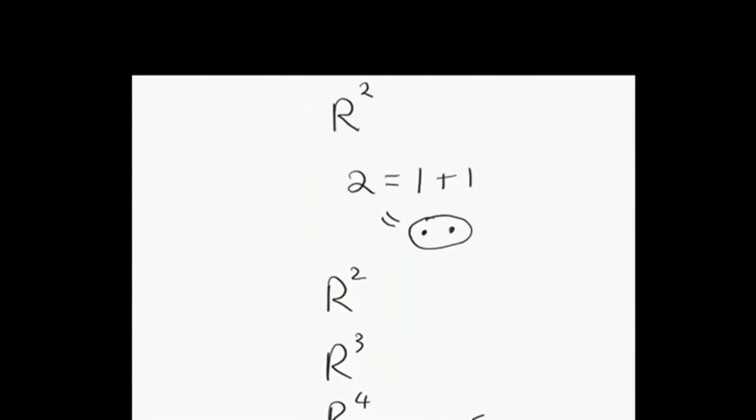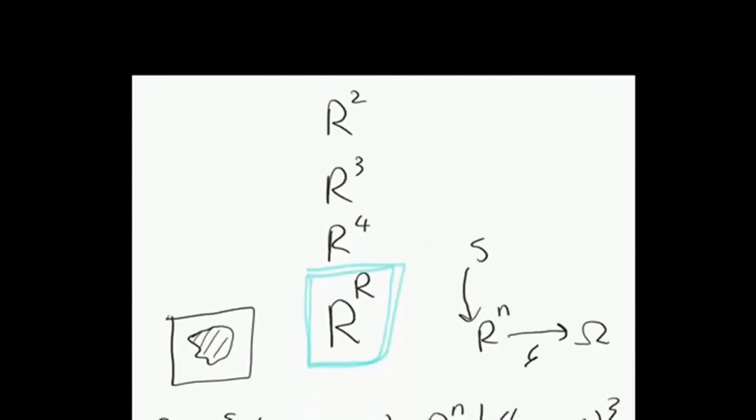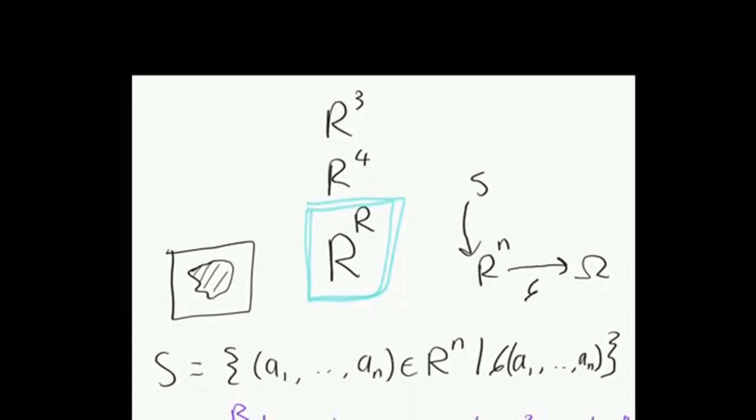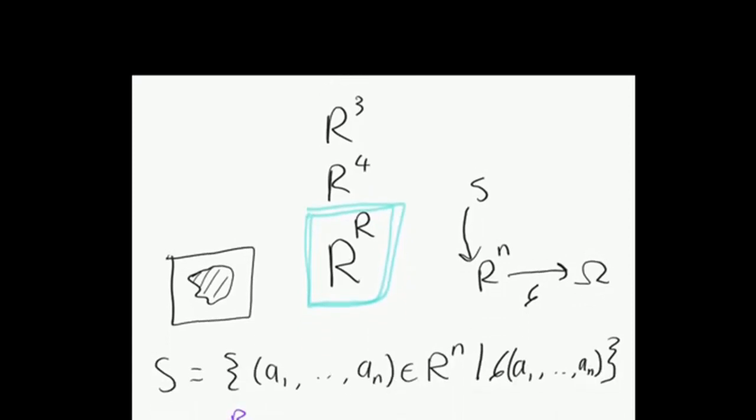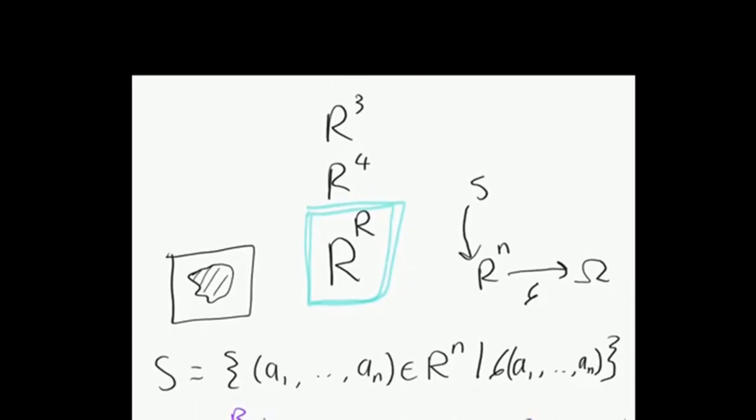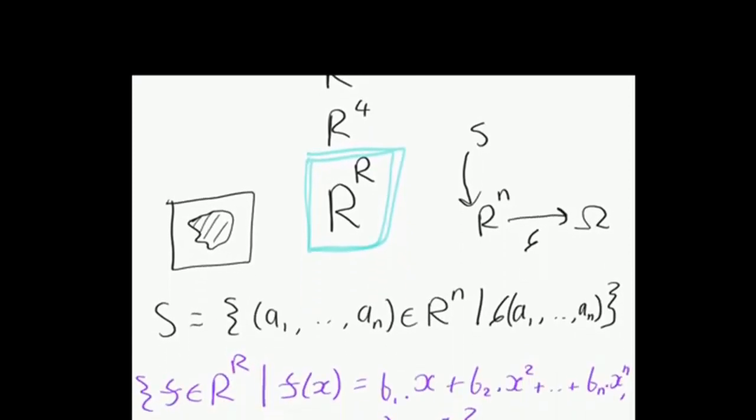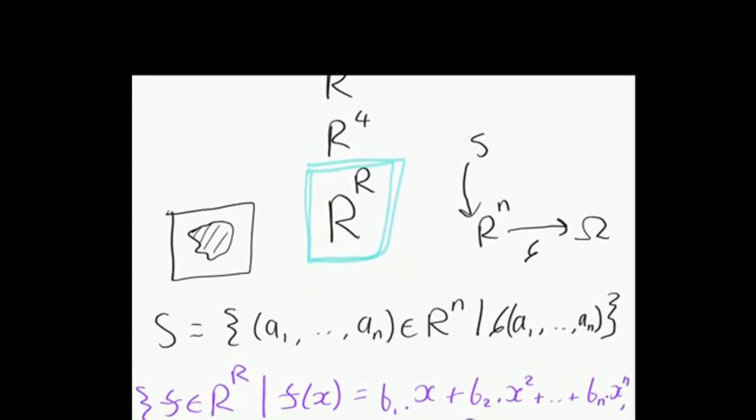And so a final thing I wanted to say is a remarkable property of this R to the power of R, and that's essentially that in a sense it corresponds to infinite dimensional space. In particular, let's suppose that we had some kind of shape in n-dimensional space, and I want to show that we can embed this in R to the power of R. Basically, I want to show that this space is, in a sense, big enough to hold any structure.